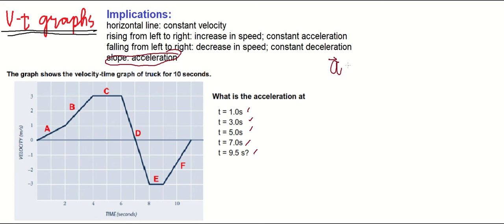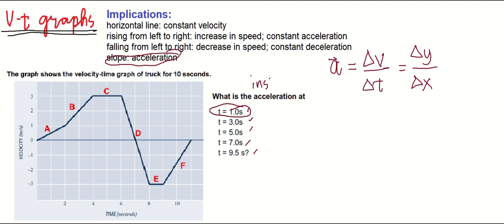Kasi graph yung tinitingnan natin, so we just have to be reminded of this one, change in velocity and change in time, which is just the change in y and the change in x, right? But as you can notice here, we only have one time. So, hindi siya time interval. This is an instant. Or in other words, we are asked to solve for the instantaneous acceleration.